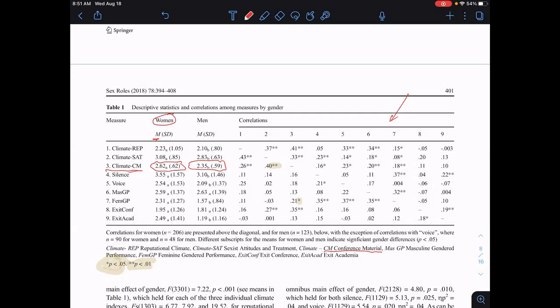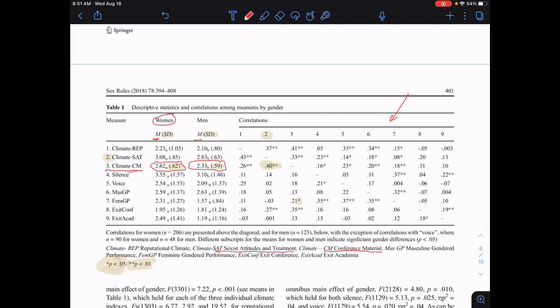And then in the parentheses behind it is the standard deviation. How much does that mean deviate on average? Remember, standard deviation is just the average deviation. So that's reading this table. Climate is correlated by 0.40 with 2, which is climate SAT. So SAT is sexist attitudes and treatment.